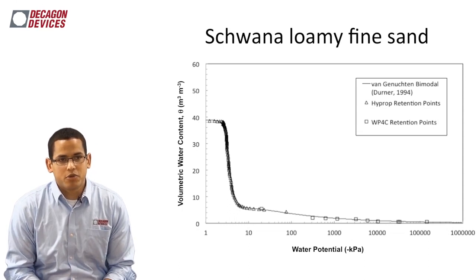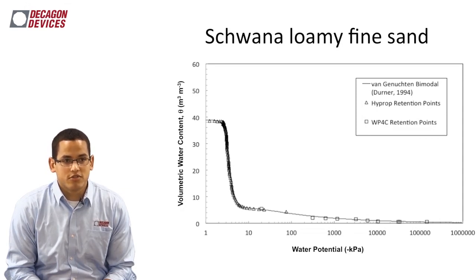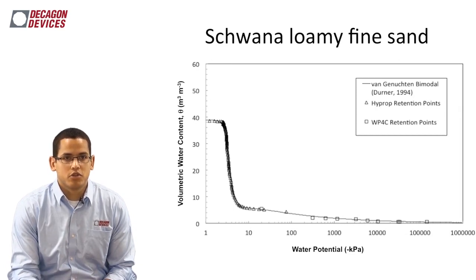And you can see we were able to push the WP4C all the way up into the almost field capacity point of this sample, and matching that up with the HyProp. And this allowed us to generate a very nice moisture characteristic curve, and generate a nice fit to that moisture characteristic curve using the van Genuchten bimodal equation.